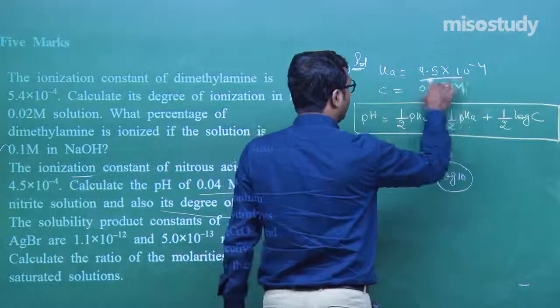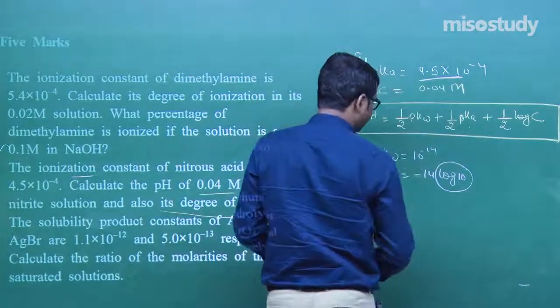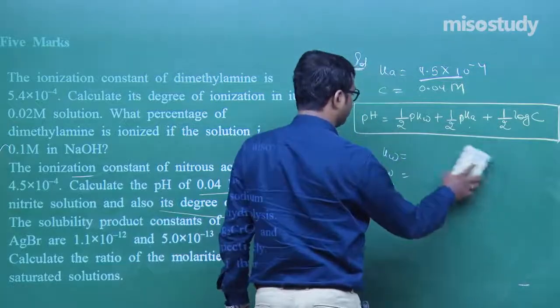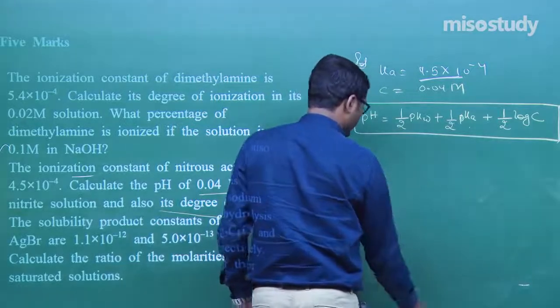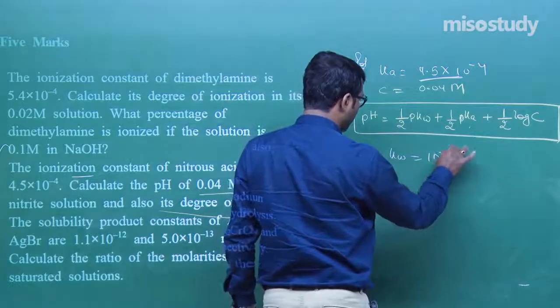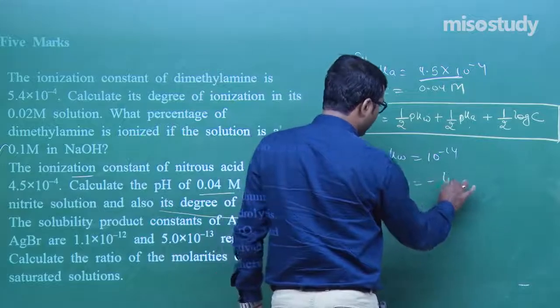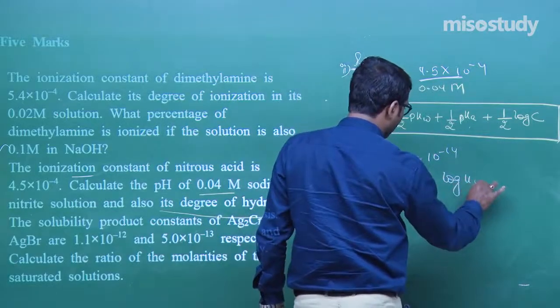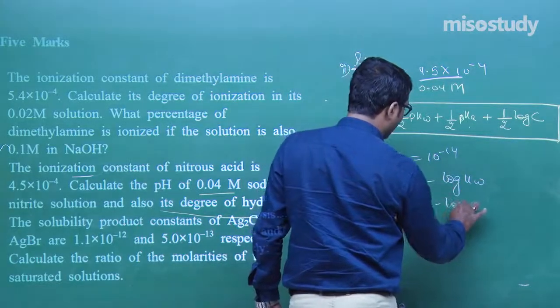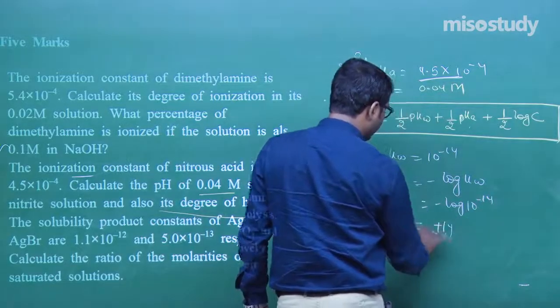pKa, Ka given, pKa is equal to minus log Ka. Wait for a moment. Kw is equal to 10 to the power minus 14, and pKw is equal to minus log Kw, that is minus log 10 to the power minus 14, that is 14.